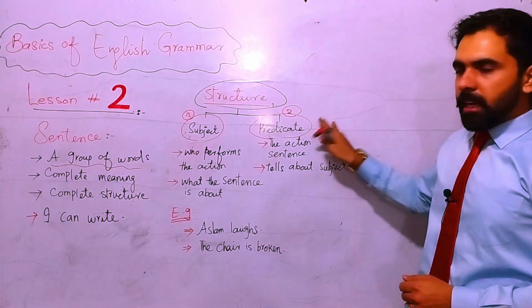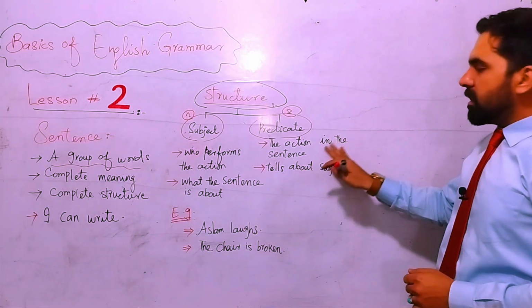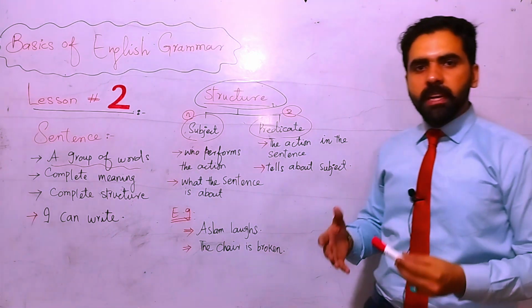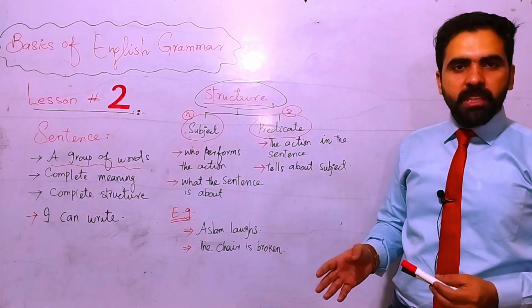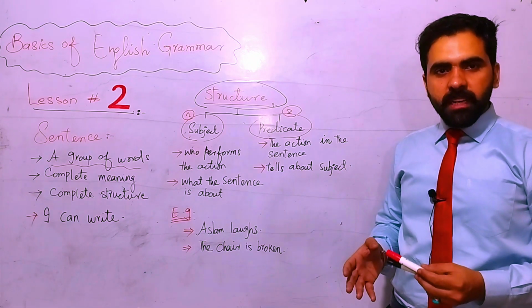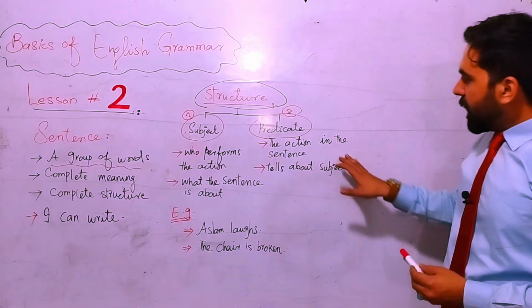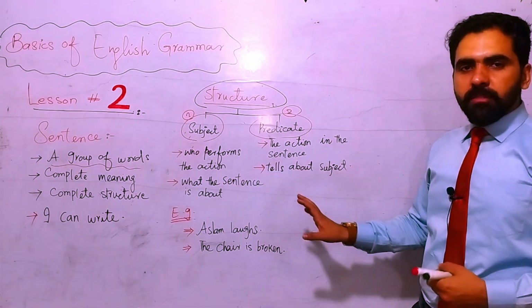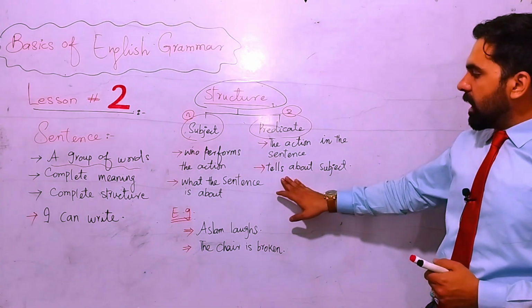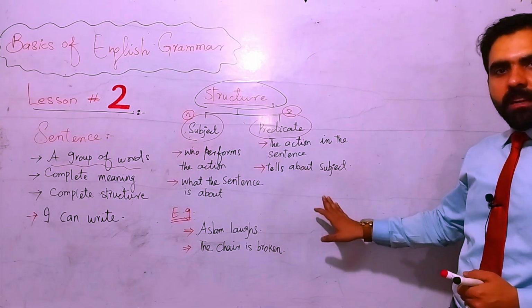Okay, what is a predicate? A predicate is the action in the sentence. If a sentence shows an action, or if there is an action written in the sentence, we can say that action is called the predicate. Okay, the second definition of a predicate is that it tells about the subject.